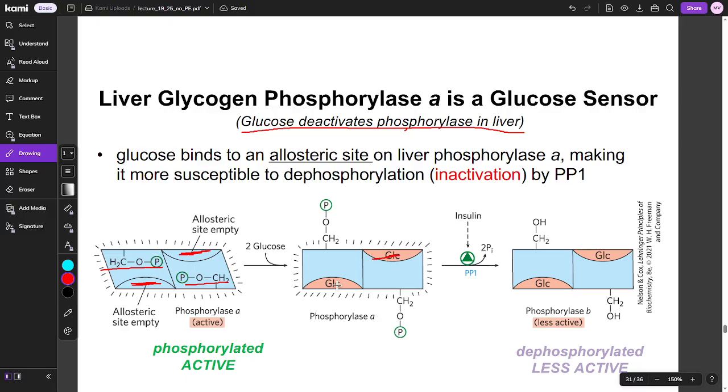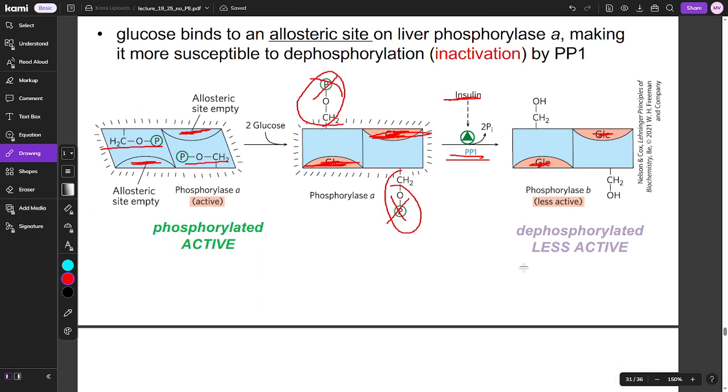And these two sites being filled by glucose leads to a conformational change where these phosphates are now exposed so that protein phosphatase, which is activated by insulin, can dephosphorylate these groups to remove the phosphates and put it in its inactive form, right? So basically we're saying it's a glucose sensor because it's able to bind glucose in these two slots, right? That makes sense? Being able to bind glucose is why it acts as a glucose sensor.